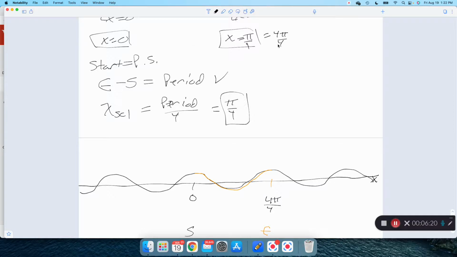Start, end. Wait, 0 was something special. That's the y-axis. Whenever you come across x equals 0, you have found yourself the y-axis. I know how to label all my important points. Remember, in each period, you're going to label 4 important points: your crests, your troughs, and your intercepts. So I've labeled that. I need to label here, here, and here.